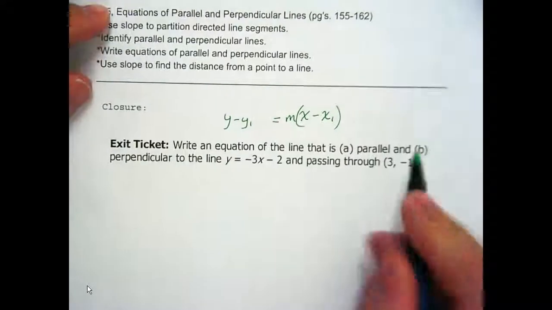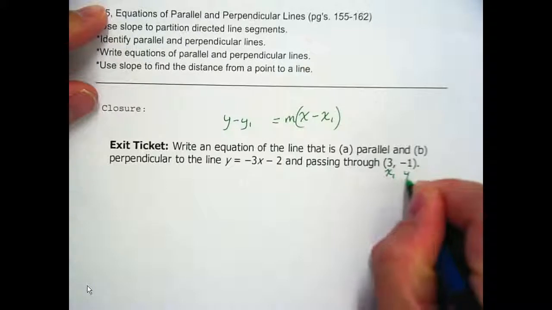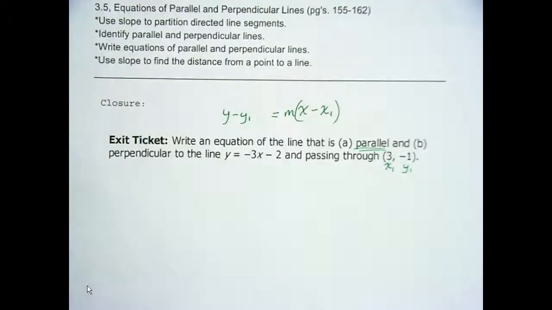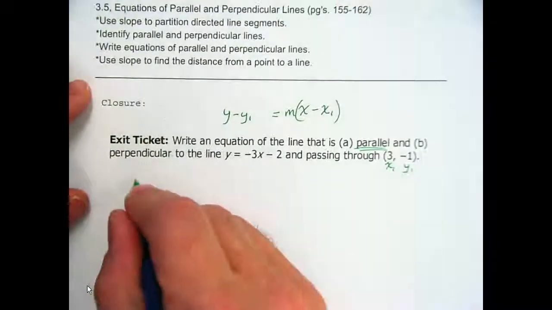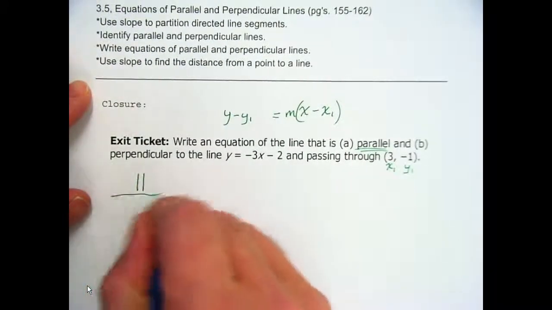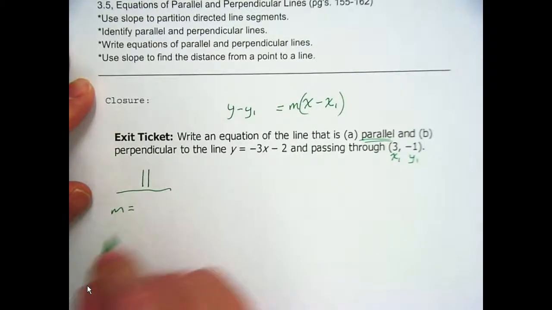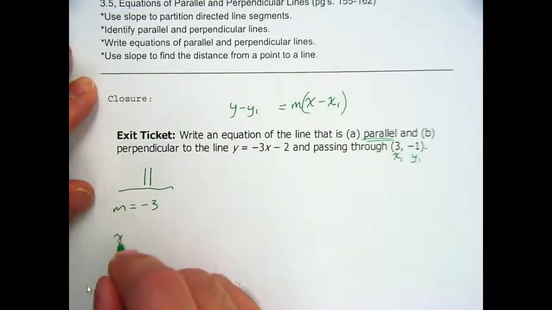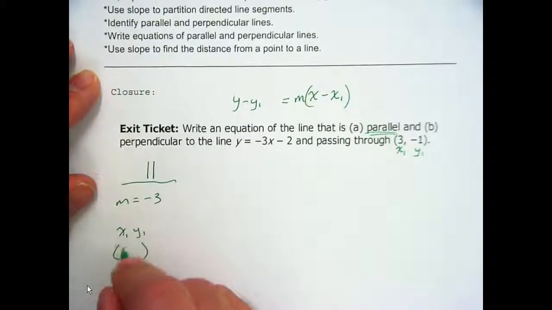So if I am given a point and I know the slope, I know it's because the lines that are parallel have the same slope. So parallel lines: we have m is going to be negative 3, and it's going through the point x1, y1, which we're going to call 3, negative 1.